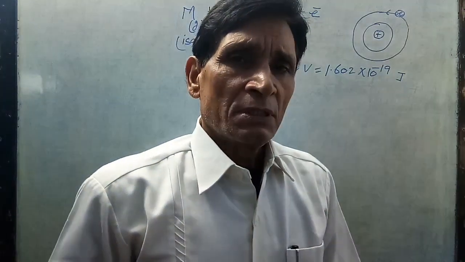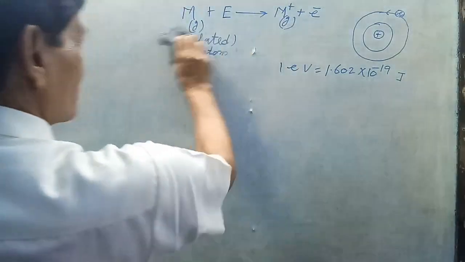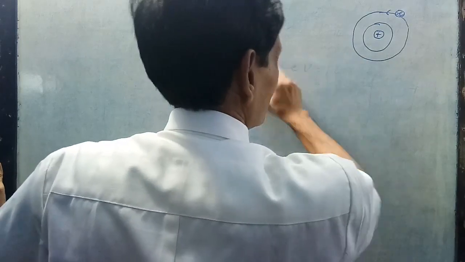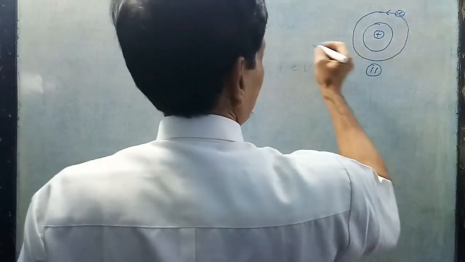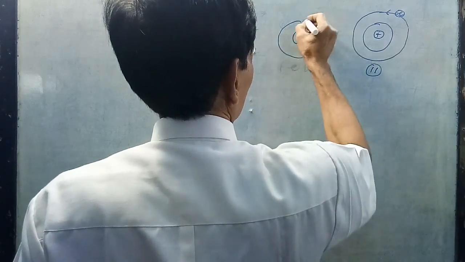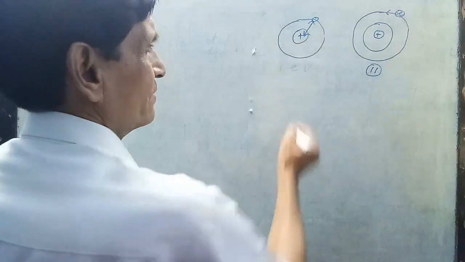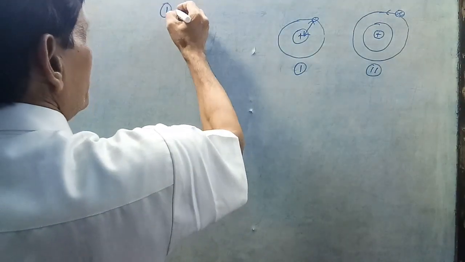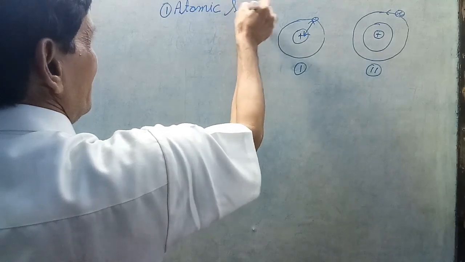Now, next point I am going to tell you, factors affecting ionization energy. First factor is atomic size.